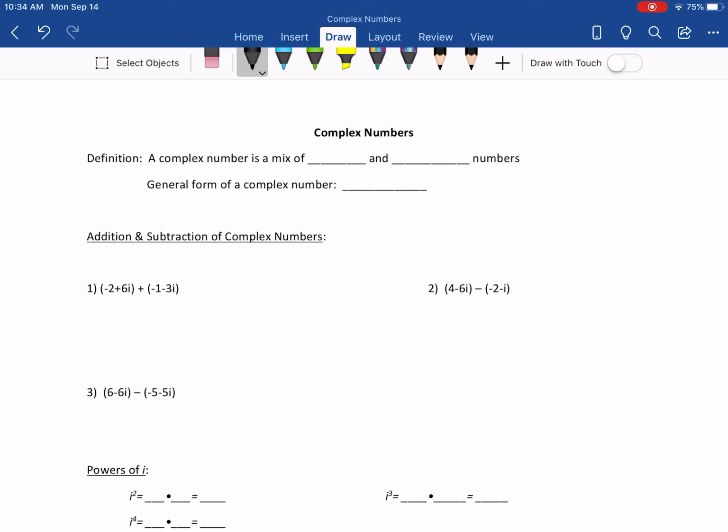Today we're going to talk about complex numbers, and a complex number is a mix of a real number and an imaginary number. The general form of a complex number is a plus bi. a is the real part, and bi is the imaginary part.